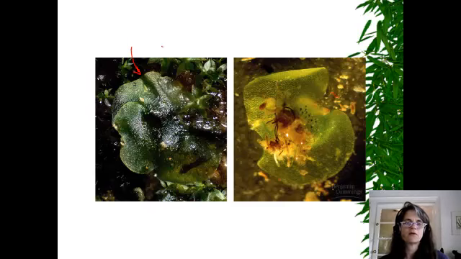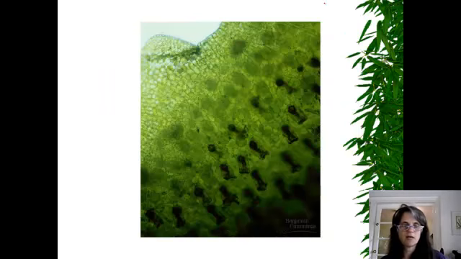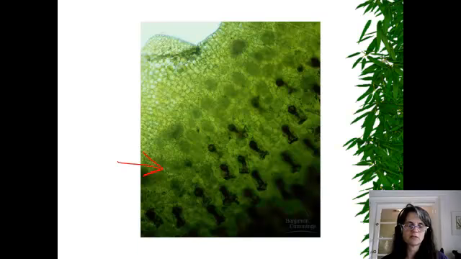These are both photos of gametophyte ferns. Each of them has male and female parts that are going to produce sperm and egg, both of which are haploid. Sperm will swim to egg. Here's those reproductive parts. I don't know if they're probably female, but I'm not certain.